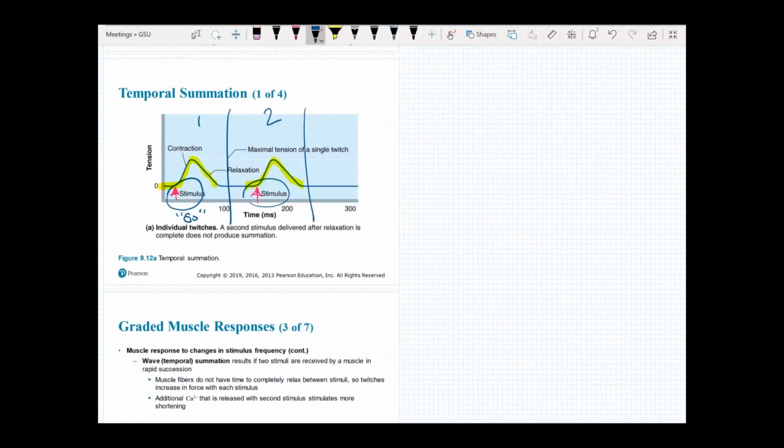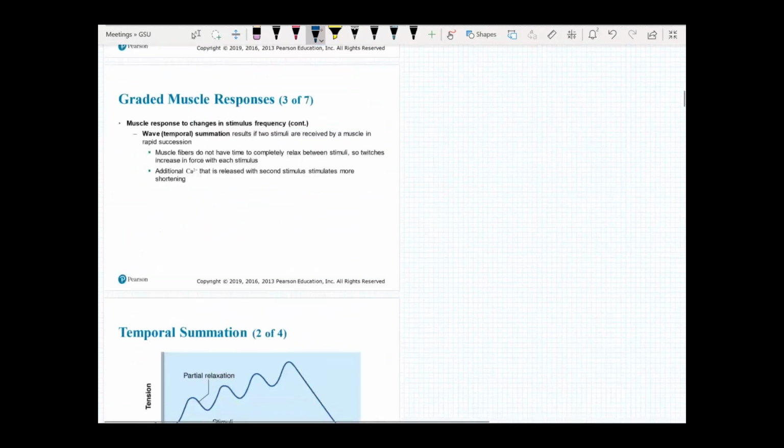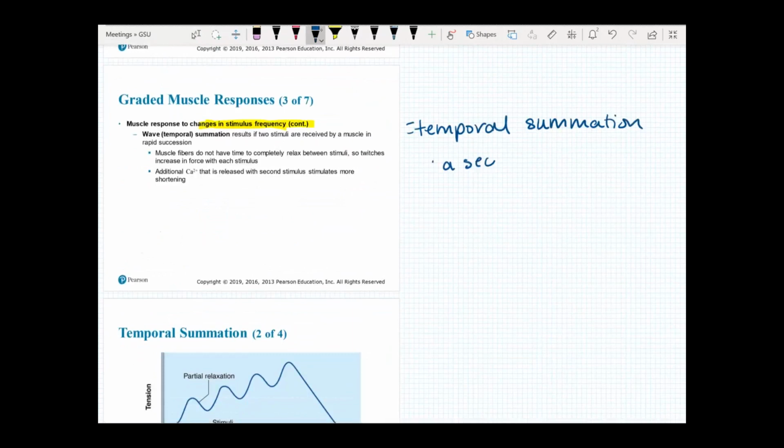But what happens when we change the stimulus frequency? So that's what we're talking about. We tell it to go a whole lot more. You will get something that is going to be called temporal summation. And temporal summation basically is saying that a second stimulus that happens, another go signal, will add to the effects of the first.